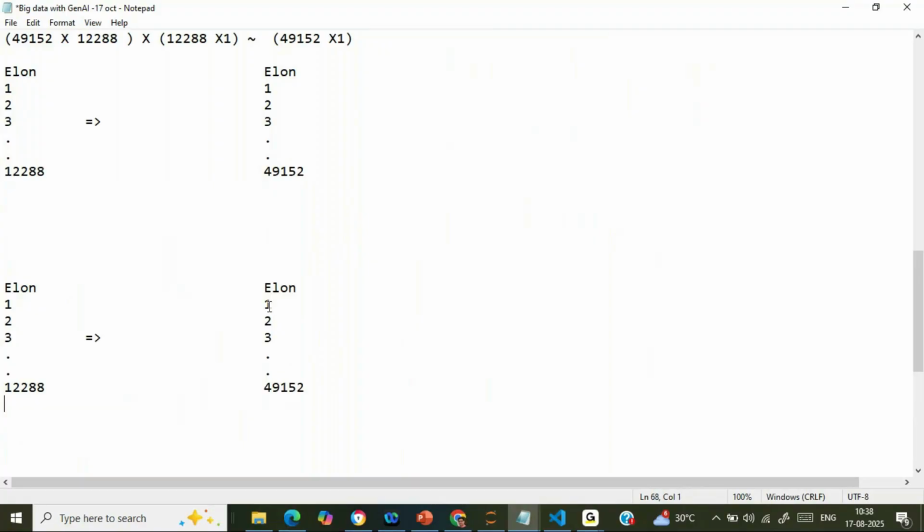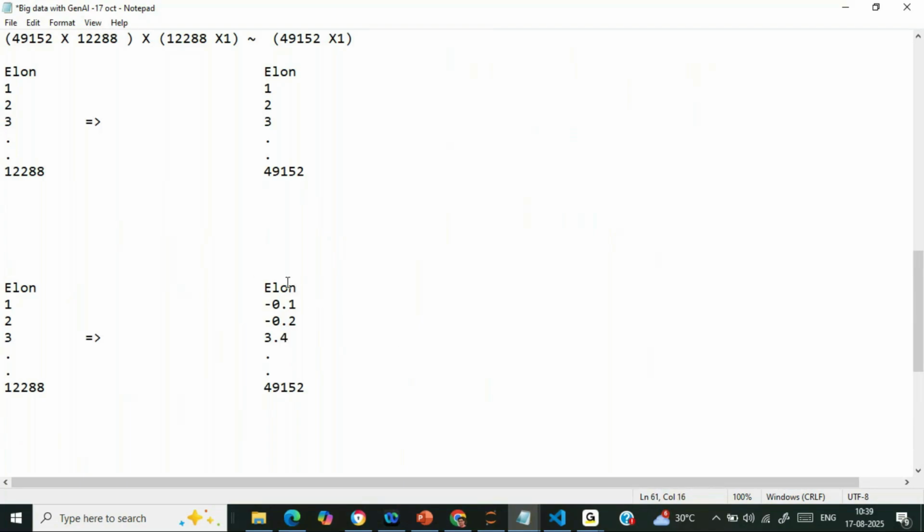It might be possible that we have certain values with minus, like minus 2, 0.2. These are floating point numbers, say 3.4.